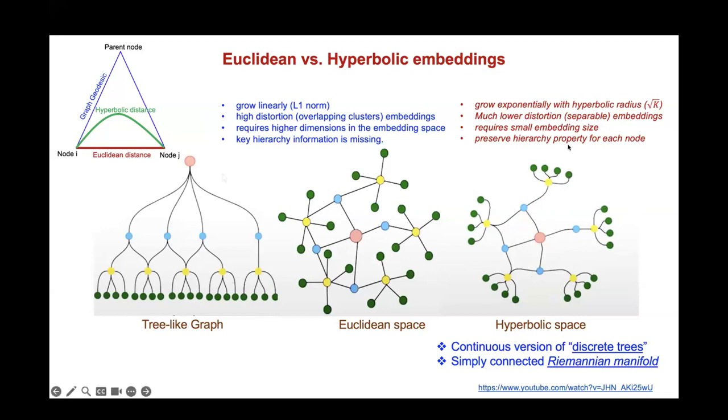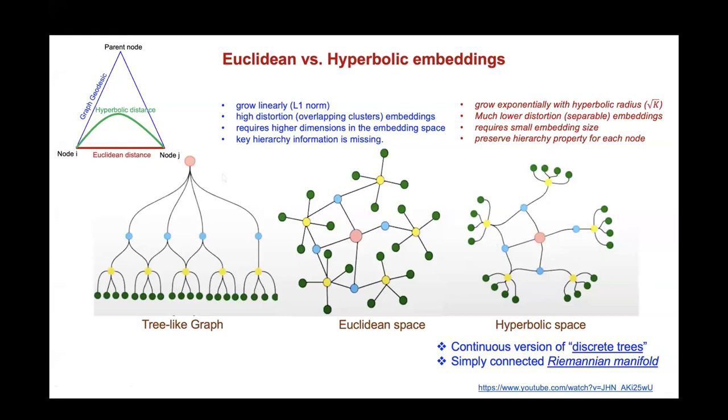However, in the hyperbolic space, the space grows exponentially with the hyperbolic radius, and close to the boundary of the Poincare disk there is more space to embed the children nodes. It also has much lower distortion, as all the nodes can be separable in the latent space and require a very small embedding size.